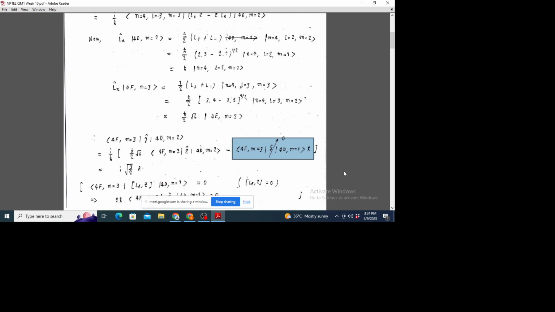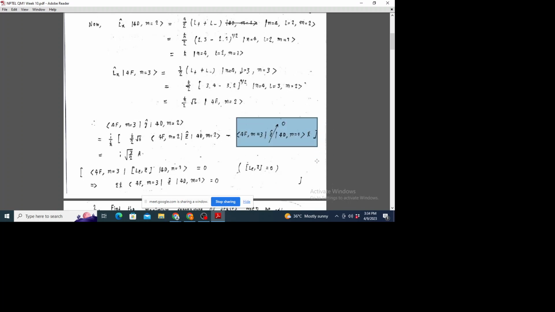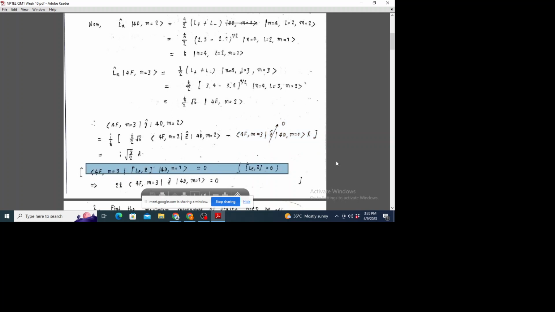So this is the thing, and we can see that this is actually 0. So this term is actually 0. How to see that? Like it can be seen like this. So we know that the commutator between LZ and Z is 0. So LZ and Z commutes. So put the commutator here between these two states. Since the commutator is 0, the matrix element is 0.